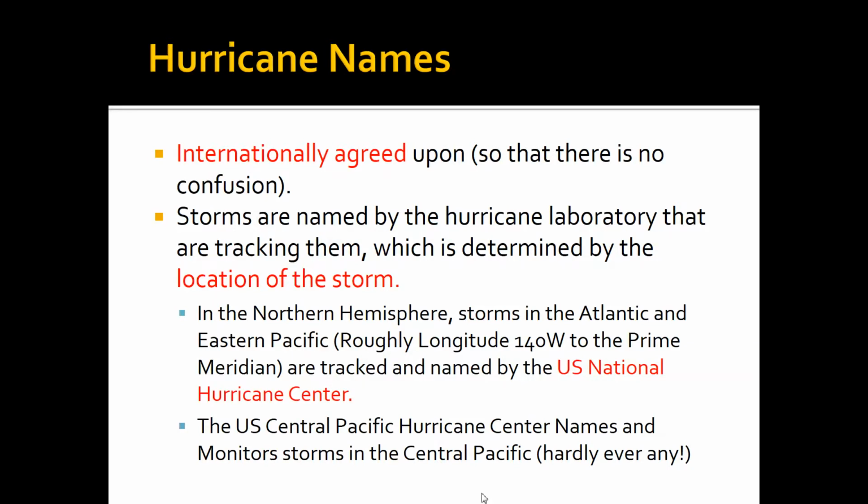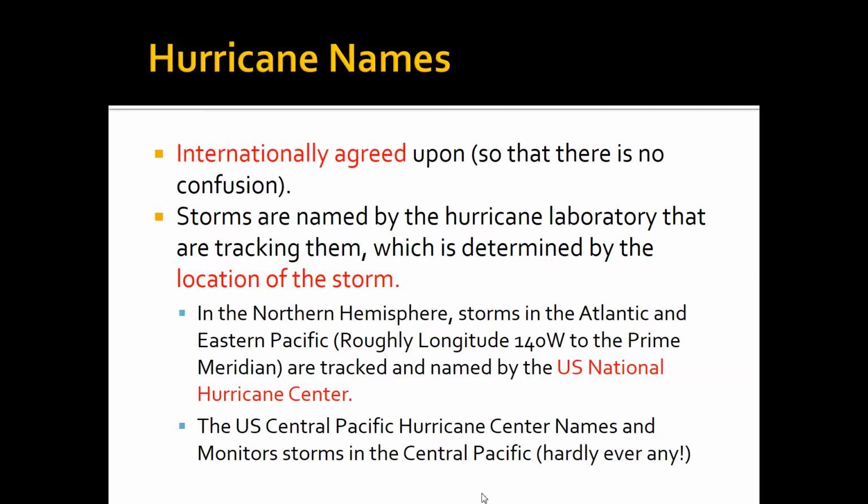The names are actually internationally agreed upon, and the purpose of this is to prevent confusion. Imagine if there was a hurricane coming towards the United States, but it was also going to affect Puerto Rico, Cuba, the Dominican Republic, and Haiti, and there's even a chance that it could affect the Yucatan Peninsula of Mexico. That's where Cancun is. And imagine if each one of those countries were to give the hurricane their own name.